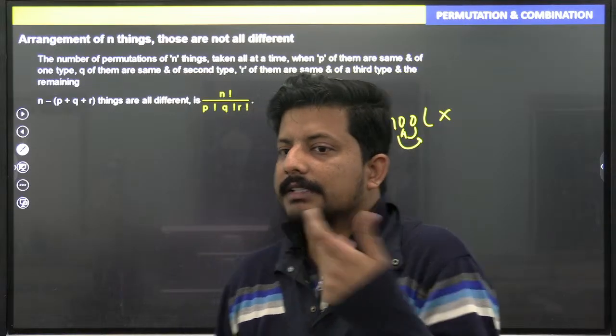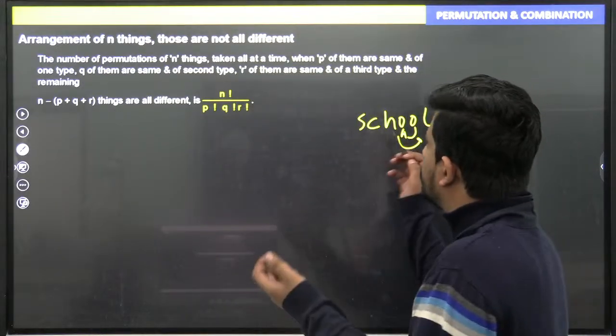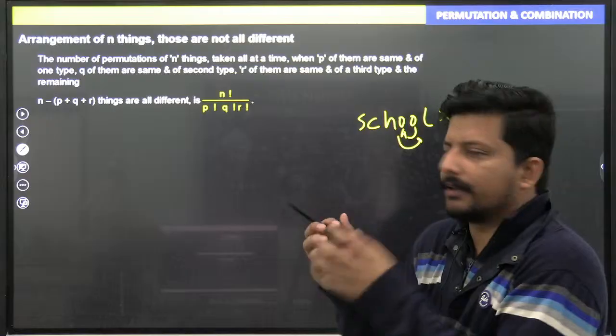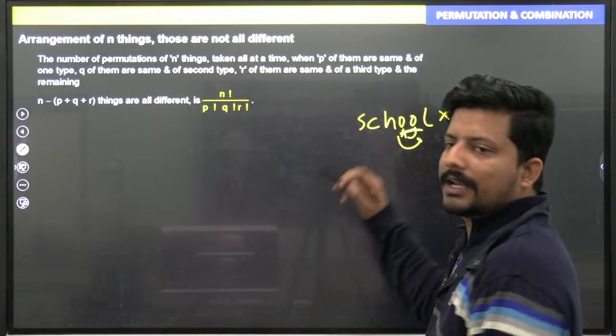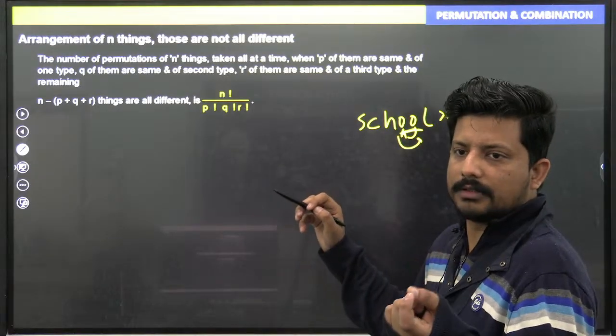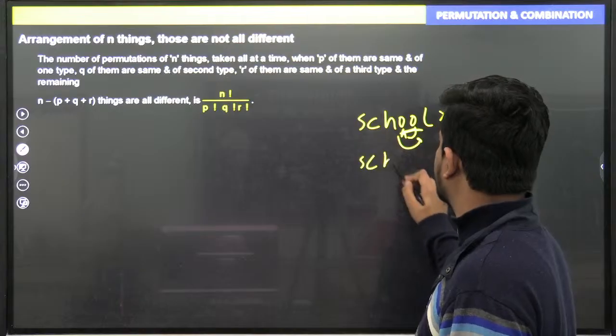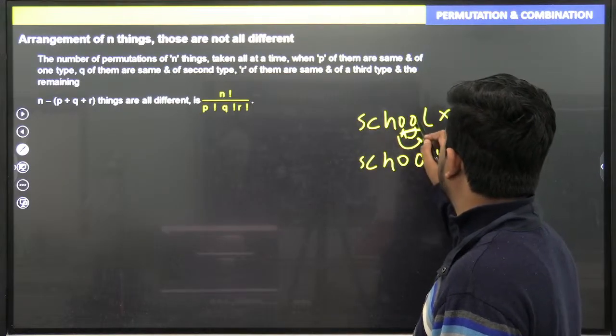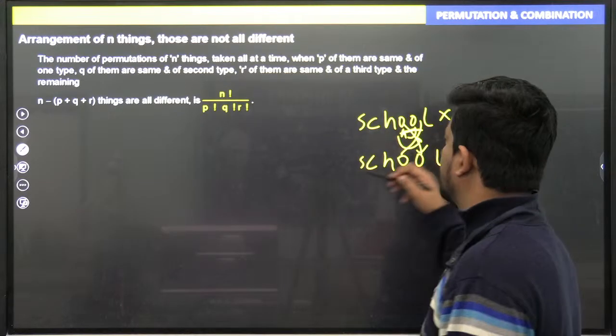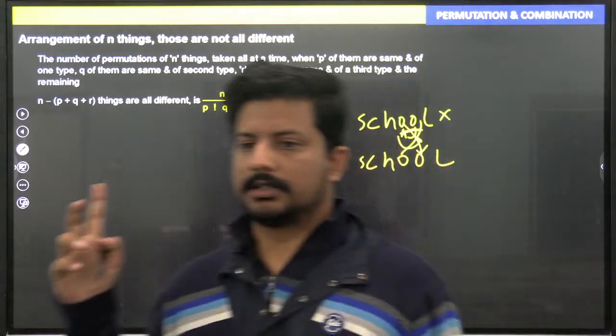If things are not different, it means the same things come. So you cannot say that you are selecting in 2 ways. If somebody writes like that, this O comes here and this O comes there. Is that a writing of 2 words? No, only 1 word.